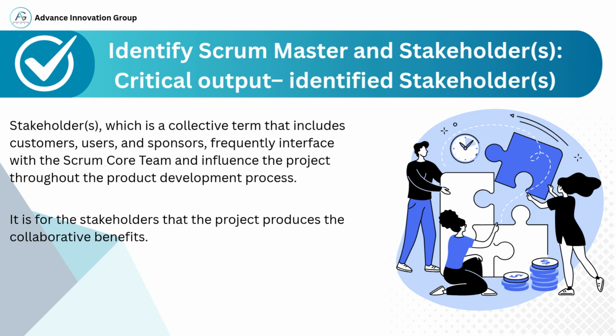They provide input, give feedback on deliverables, and help define the direction of the product. Scrum emphasizes frequent and collaborative engagement with stakeholders, ensuring their expectations are understood and met. Ultimately, the project is being developed for the benefit of these stakeholders, so identifying them early is crucial to keep the project aligned with business goals.